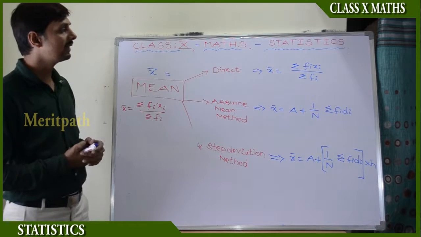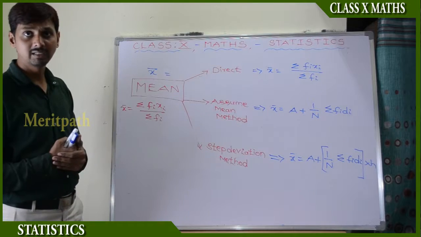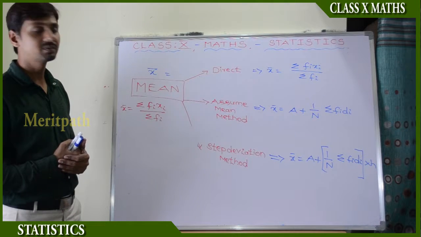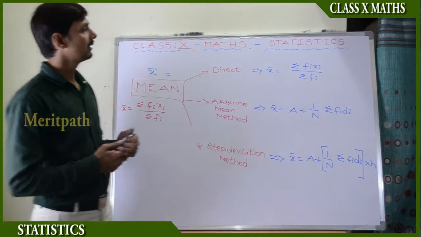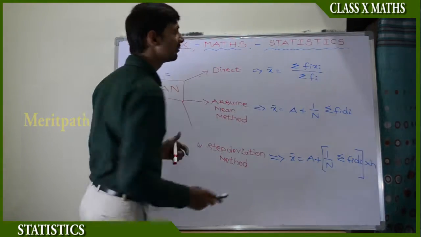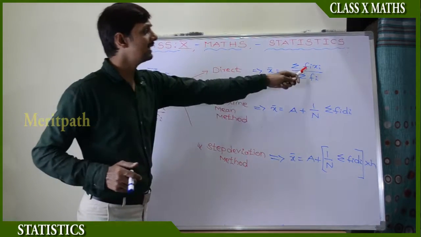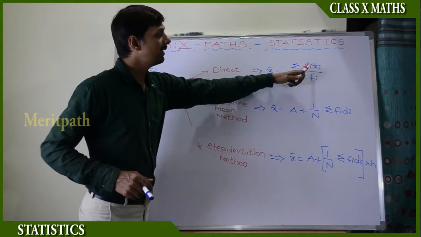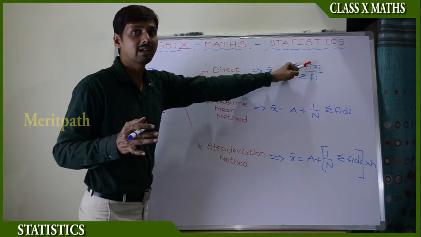So here let's define sigma fi xi by sigma fi. Here xi is the observation, the number of times it's repeated is the frequency fi, and fi xi, and its sum is sigma fi xi.